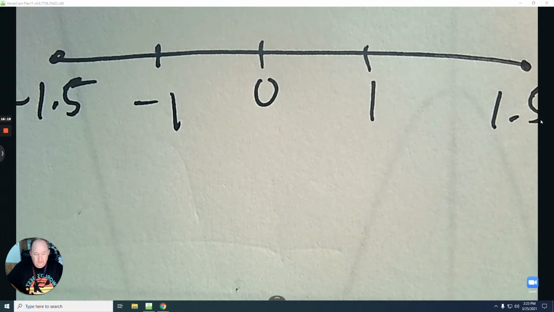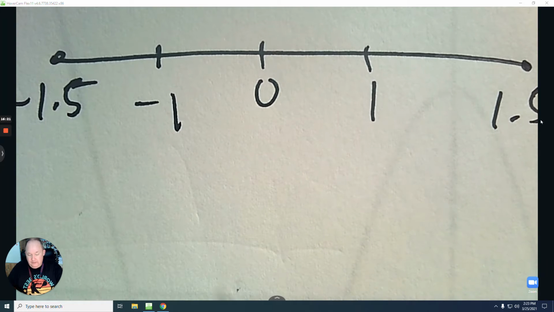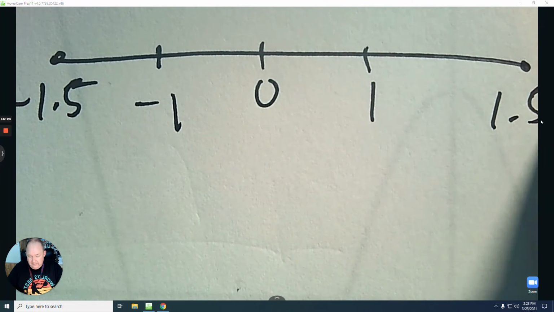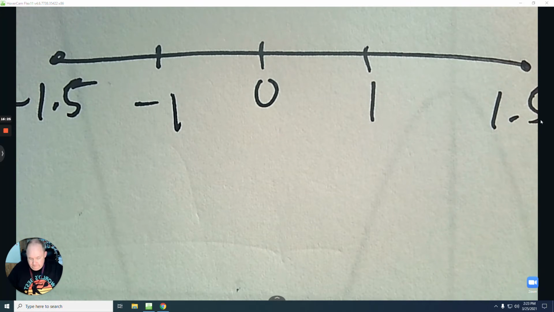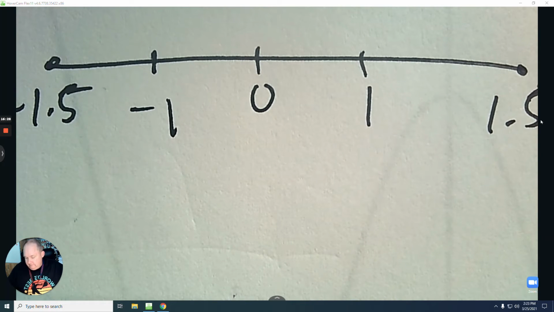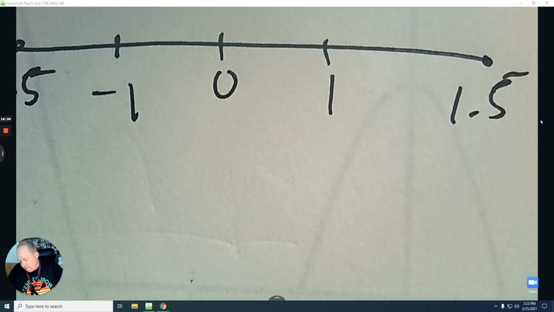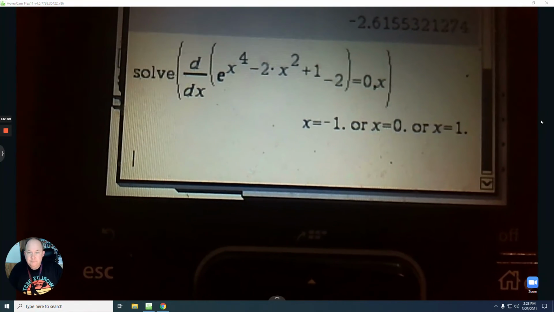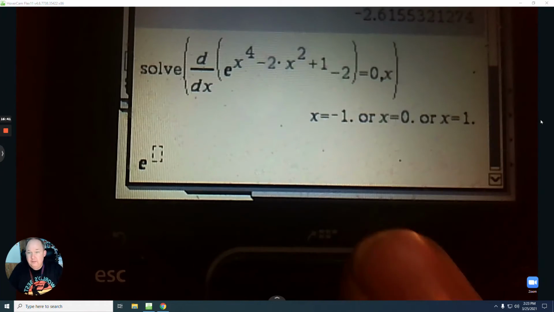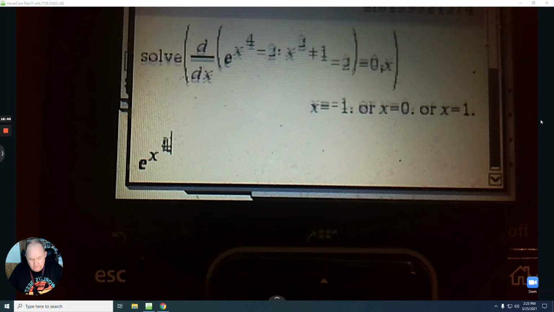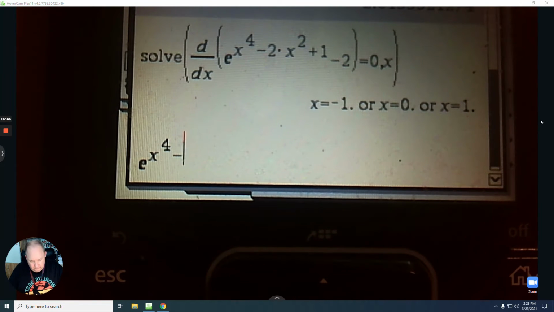So we need to type it in again, and then we're just going to plug in numbers and see where it's negative. So I'm going to type in e, again, x to the fourth, subtract 2x squared, plus, oops, it needs to go up there.